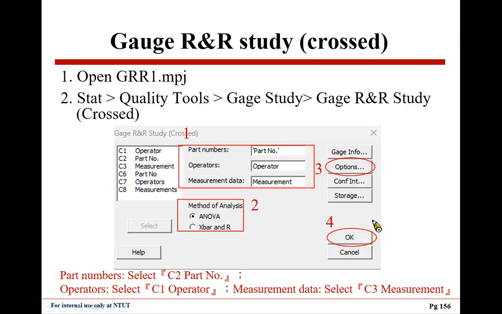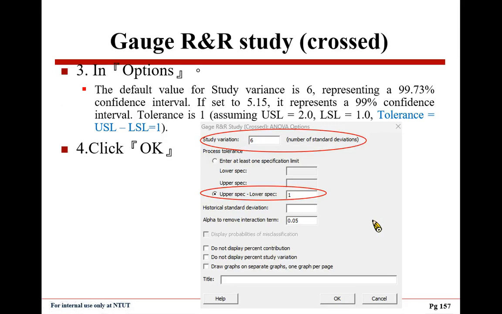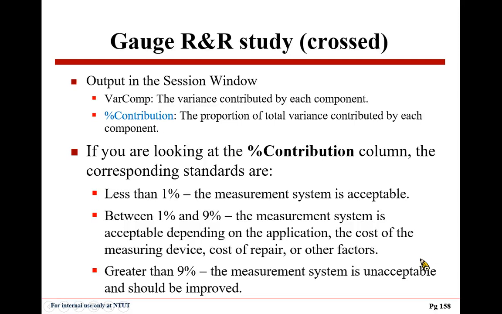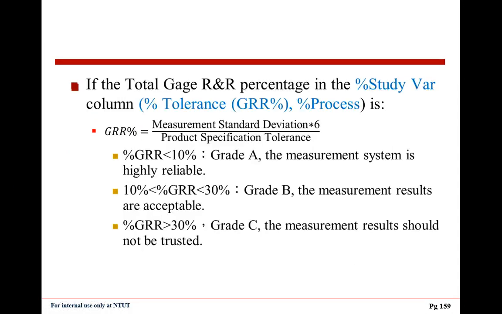We click OK. Here in options, right now we have to calculate the percentage of the tolerance. In this case, the tolerance is 1. Please type 1. In the output window, we can check the percent contribution.